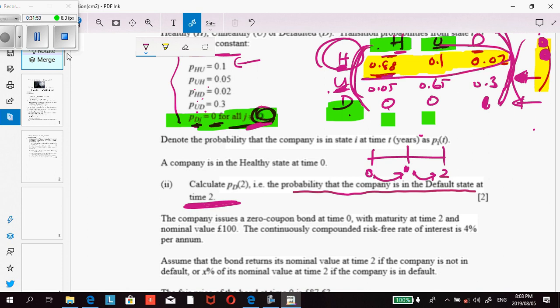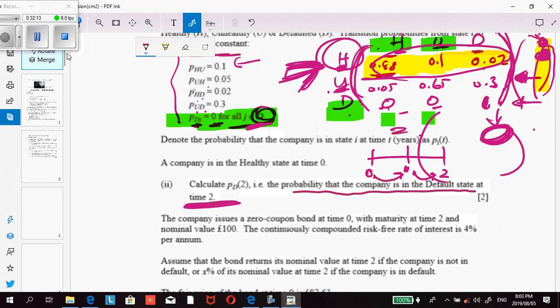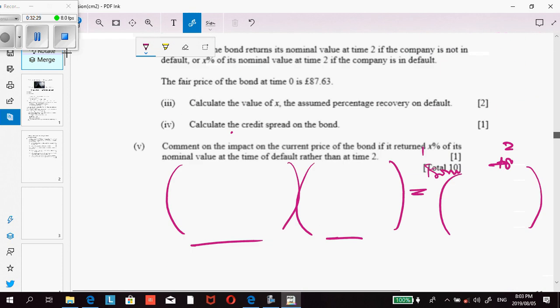So I'm going to take this row, multiply by this column to get this entry here, which will be the probability that at time 0 we were in the healthy state, and now at time 2, after multiplying these two, we are in the default state. So I'm going to do the multiplication now.